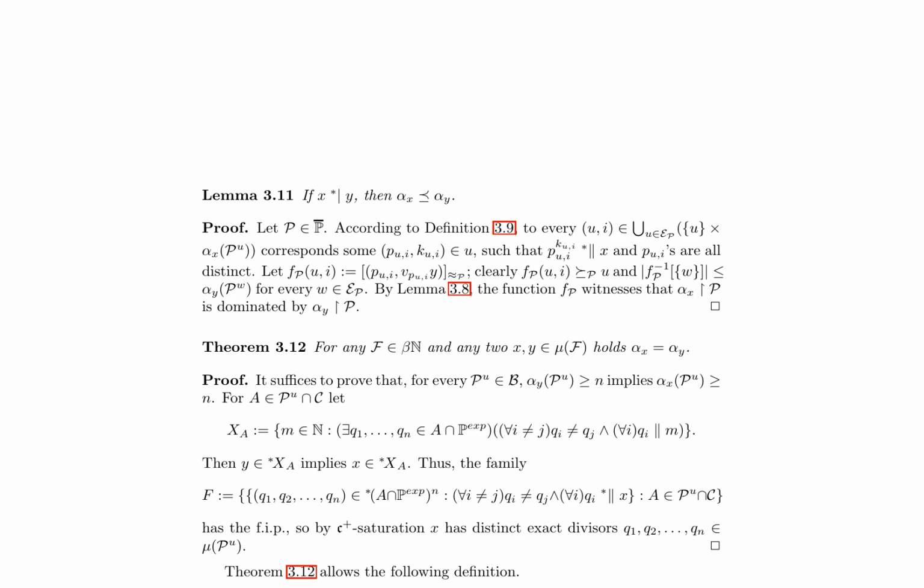It begins with a lemma that states if x asterisk operator, y, then alpha x precedes alpha y, explaining how this is proved through a function witnessing the domination of alpha x by alpha y. The theorem that follows asserts for any f element of beta n and two elements x, y element of micro, f, alpha x equals alpha y, which is proved by showing that if y element of asterisk operator xa, then x element of asterisk operator xa.